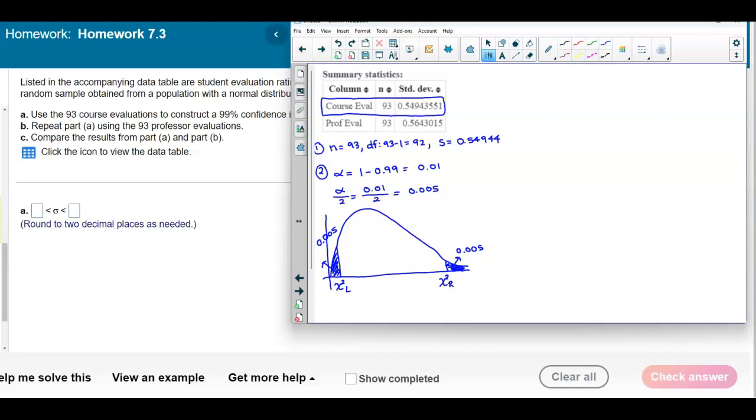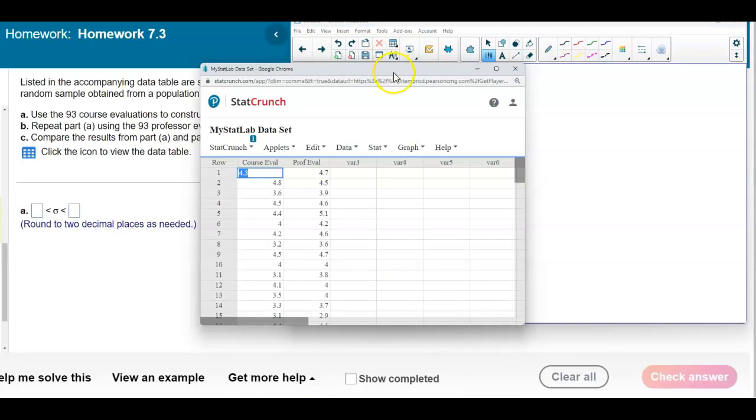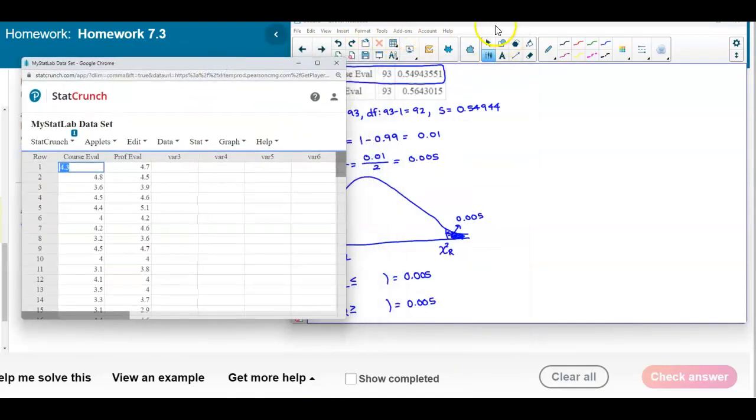Now, to find the critical chi-square value on the left, we know that the area is 0.005, and the area is to the left. And to find the critical value of chi-square on the right, again, we know the area is 0.005, and it's pointing to the right as far as the area is concerned. So we're going to open up StatCrunch to find those critical values.